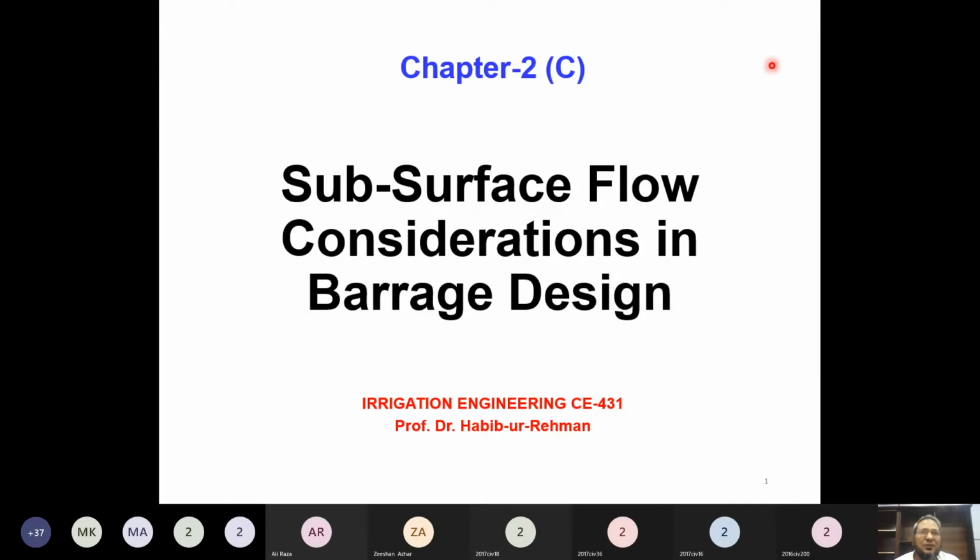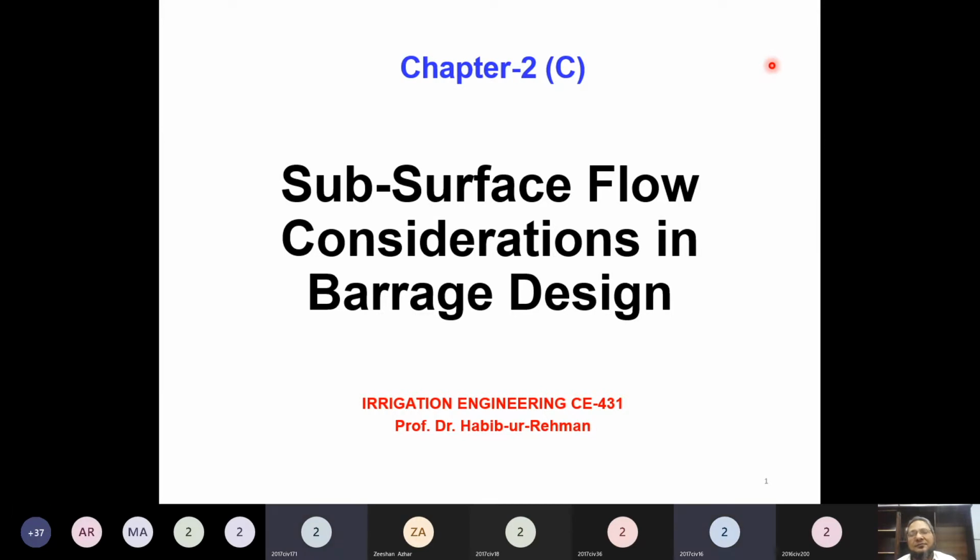What are the CLOs, the course learning outcomes, of the previous chapter? After doing surface flow considerations, what were you able to do?